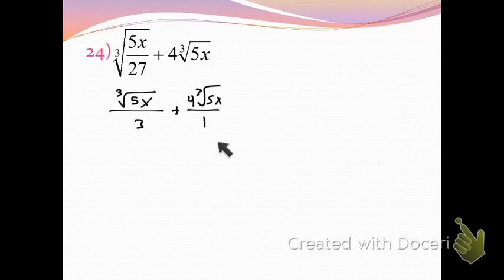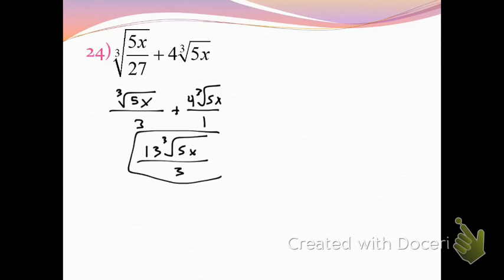Okay, now we can do this in our head. What's common denominator? 3. So what would this become? 12 plus 1. 13 cube root 5x all over 3. Right? I'm good with it.